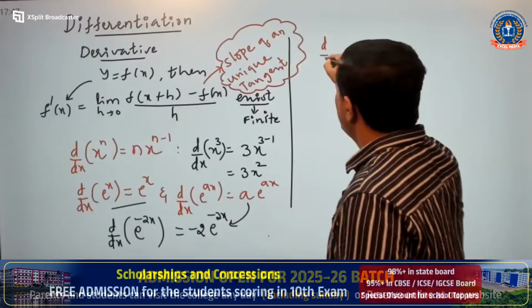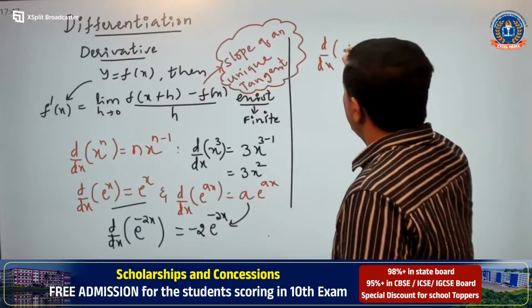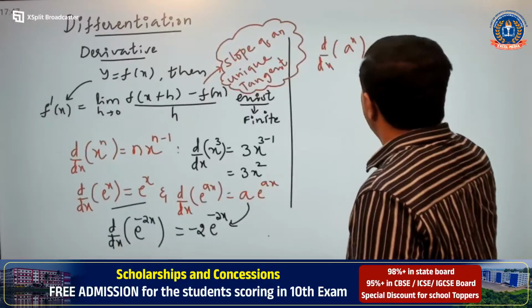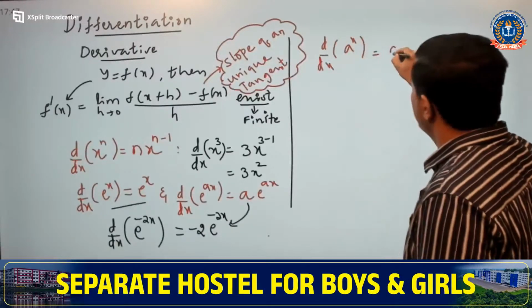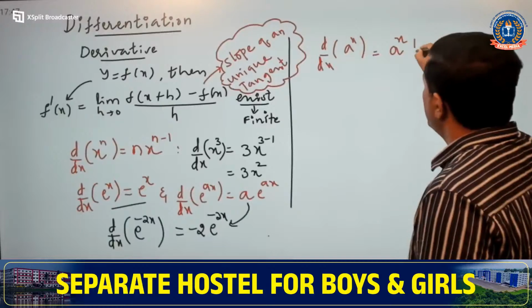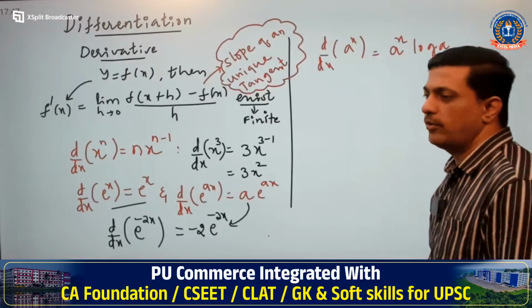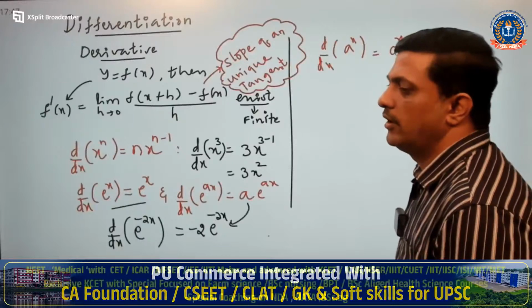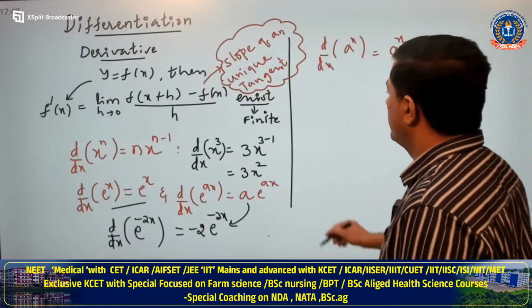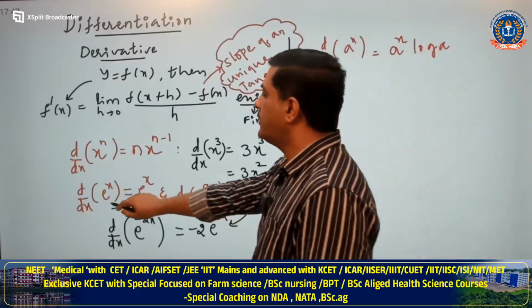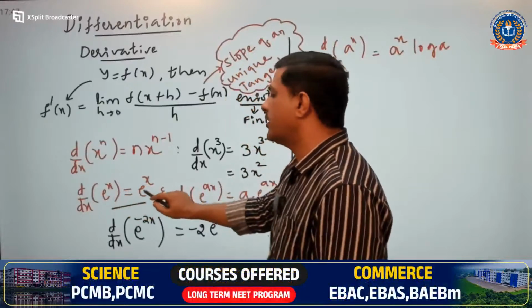The derivative of a raised to x is a raised to x into log a. This formula, look at this: the derivative of e raised to x is e raised to x.